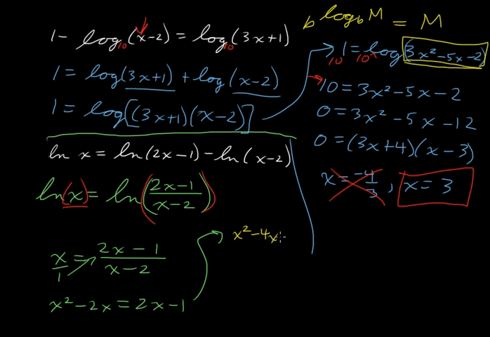I'm also going to add 1 to each side, so plus 1 equals 0. And we're going to have to factor this. And we find that it does not factor. So we can use the quadratic formula. x equals negative b plus or minus the square root of b squared minus 4ac all over 2a.